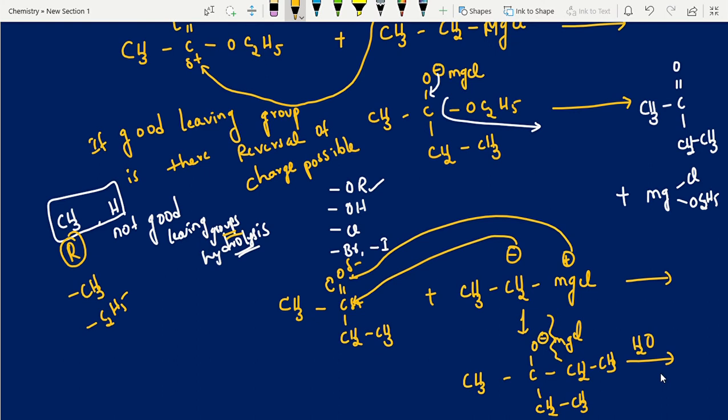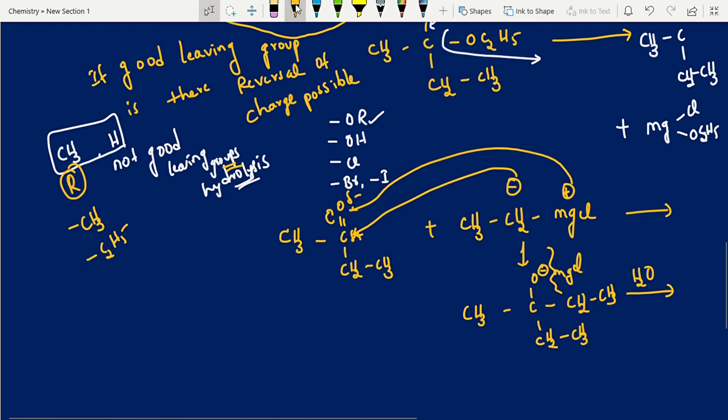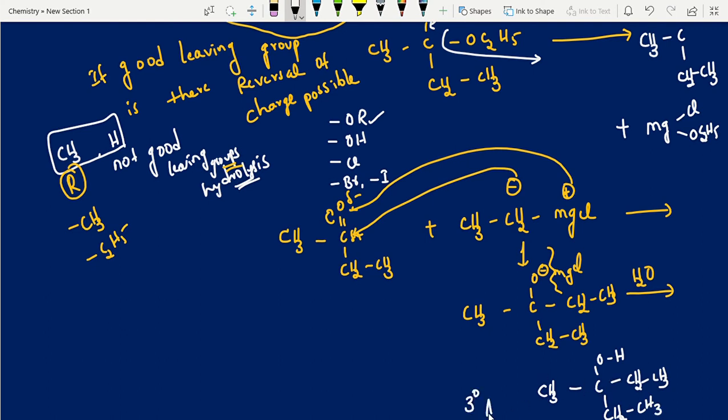Hydrolysis. What is the answer, students, finally? CH3, C, OH, CH2, CH3, CH2, CH3. This is your final answer. It is a 3-degree alcohol.